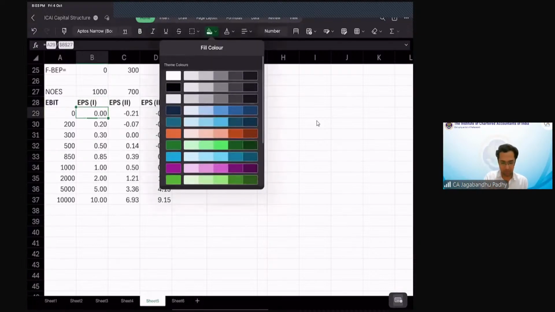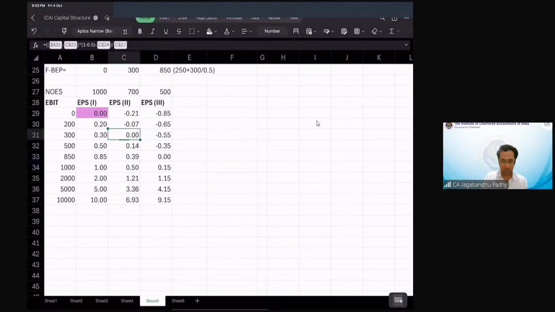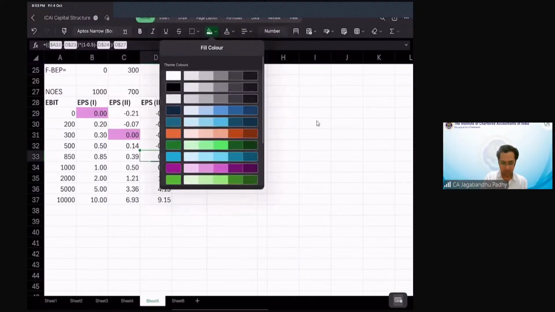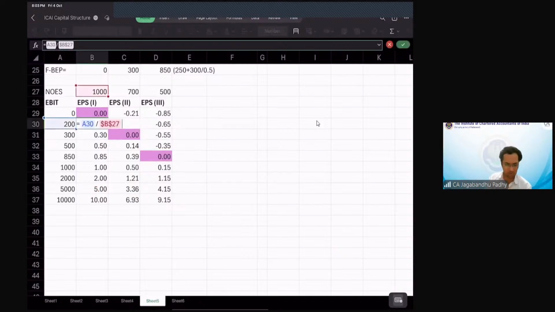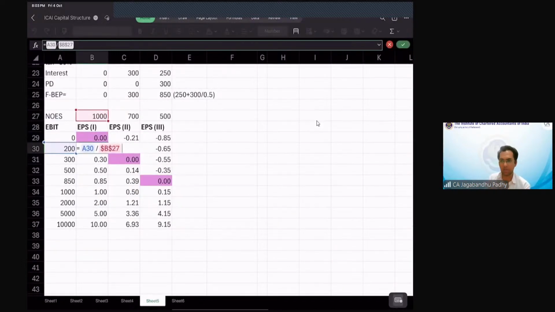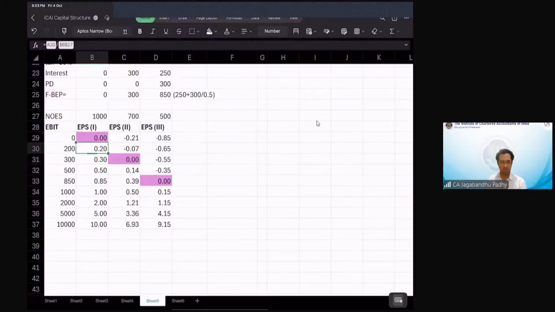See, one is over here, then 300 otherwise, and then 850. We have the financial break-even point. Are you able to see this? Yes. 0.1 for 200. Why? 200 divided by this. So are we able to see the financial break-even point working over here? See the EPS turning out to be 0.